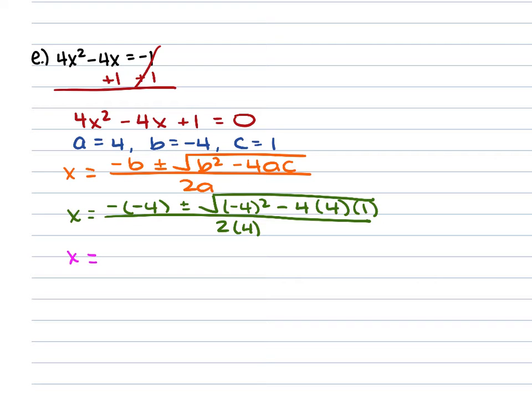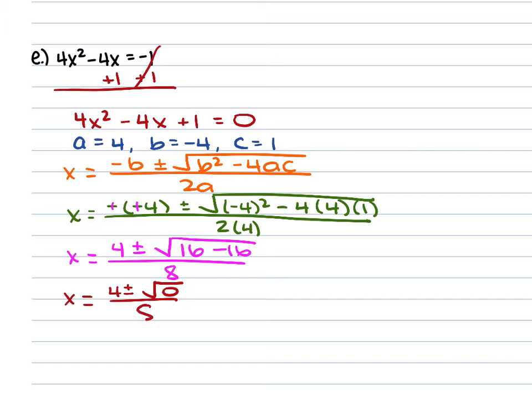From here, we're going to have a positive 4 plus or minus the square root of 16 minus 16 all over 8. This square root of 16 minus 16 is the square root of 0. The square root of 0 is 0.